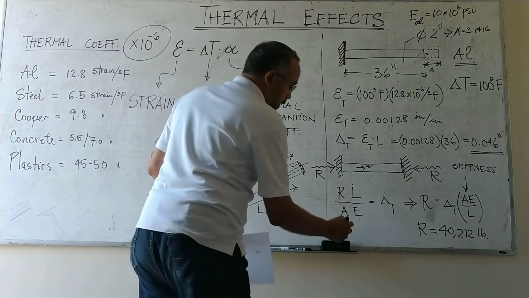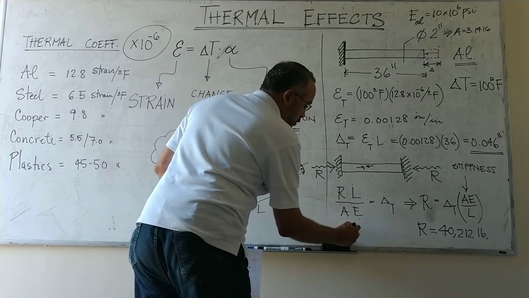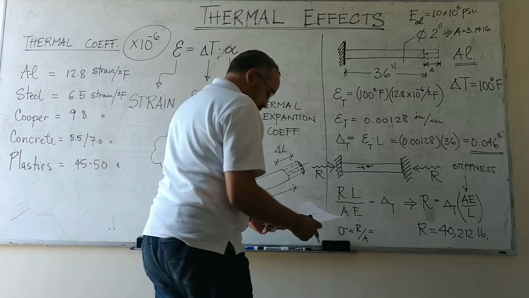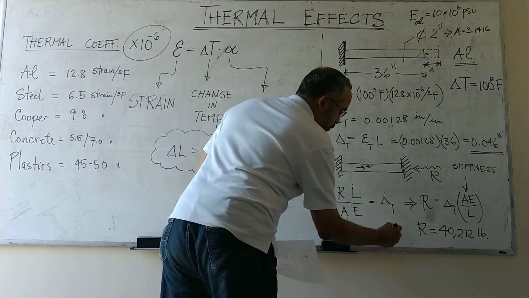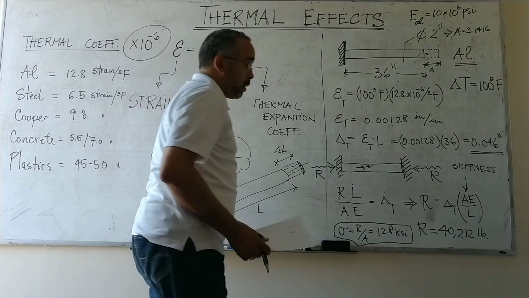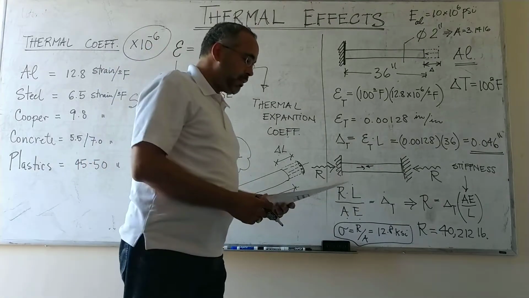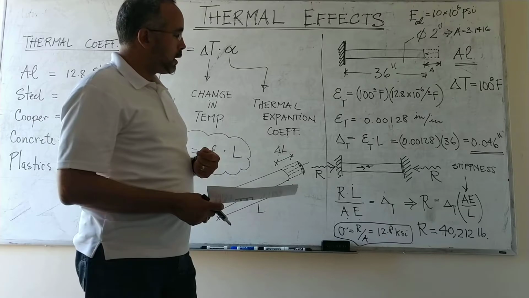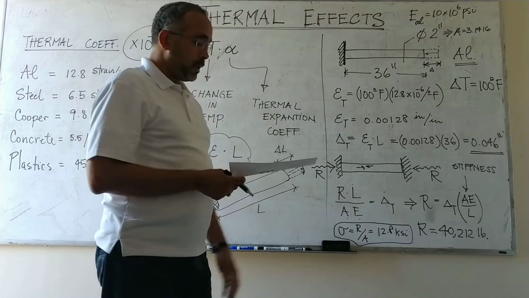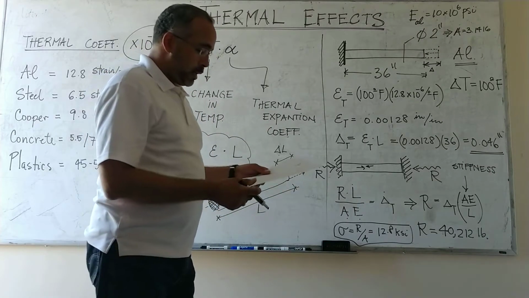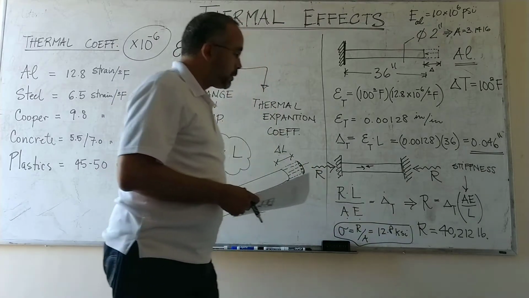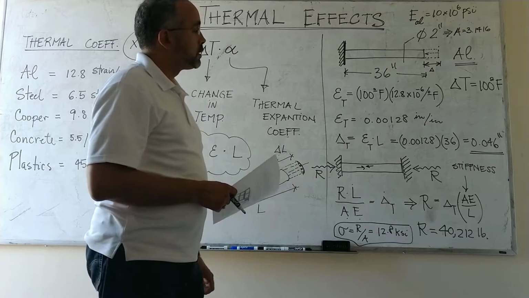If you take this force to obtain the stress, you obtain a stress of approximately 12.8 KSI, which is not small at all, especially considering the fact that for a typical aluminum material like 6061-T6, the yielding stress is in the order of 40 KSI, so this is about a third of the yielding stress.